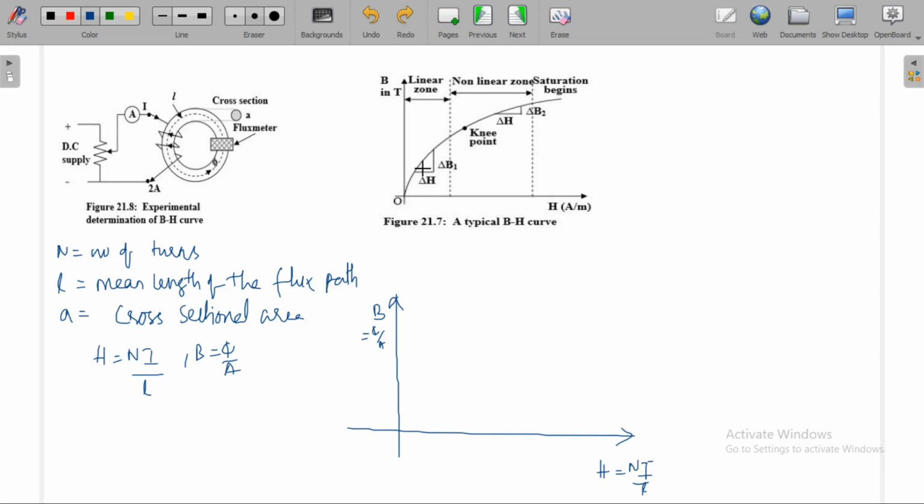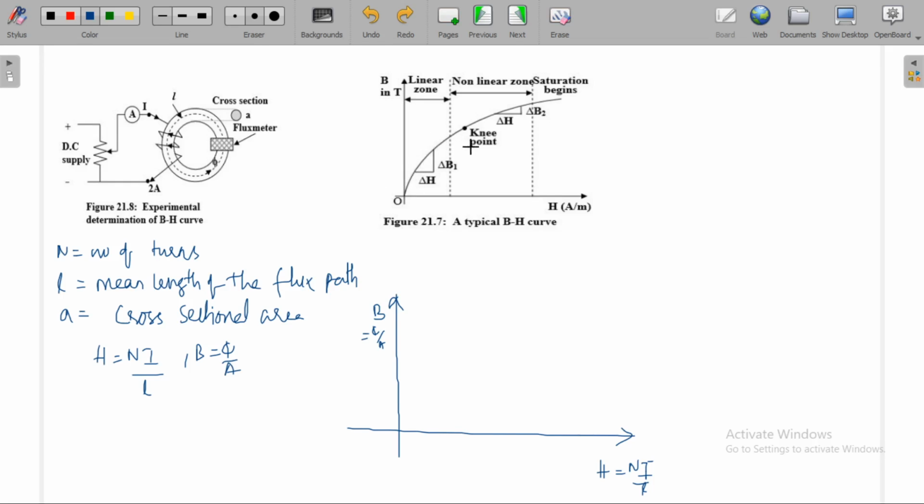It is almost linear, and the zone in which the BH curve operates like this is called the linear zone. That's why it is called the linear zone. It is almost a straight line.